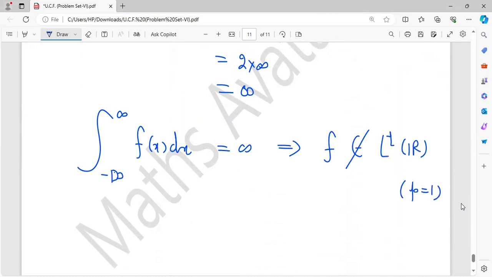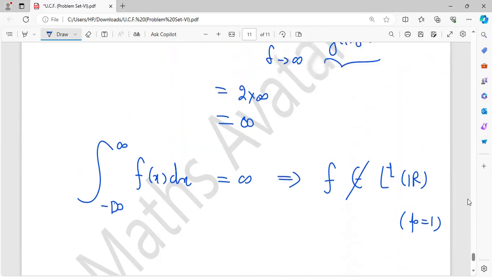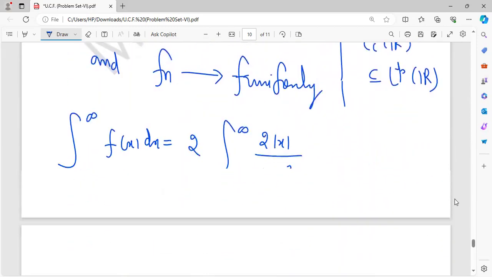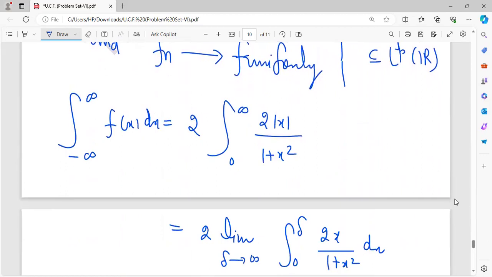Similarly, you can take a power here, verify for each p, take whole power 1 by p, and still there will be some function in Cc(R) which will converge, and you will find it will work for any p between 1 and less than infinity. You can modify this f by taking power 1 by p, and still it will work.